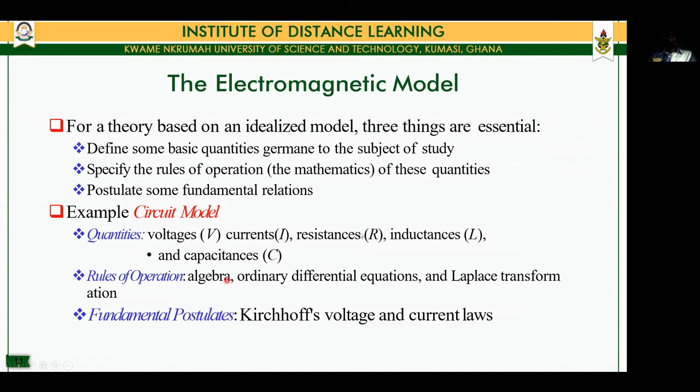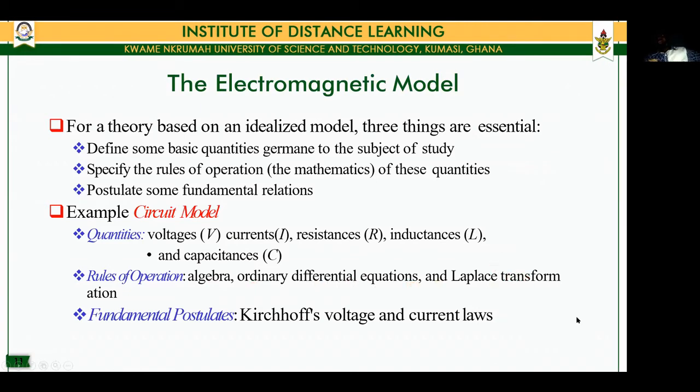The operations involved in circuit theory are usually algebra. When we do division, if you're finding current from voltage and resistance, or multiplication, if you're finding voltage from current and resistance, it's mostly algebra and some ordinary differential equations and some Laplace transforms.